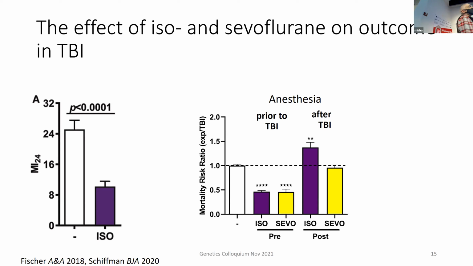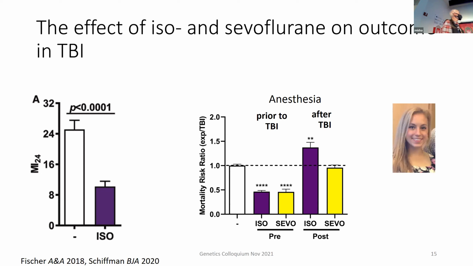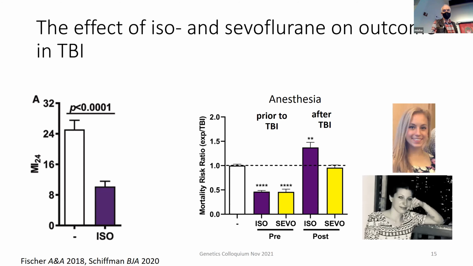So you see a toxic effect of isoflurane exposure, while sevoflurane has no effect. So this is kind of the meat of the experiment. And these experiments were done by Julie Fisher. She's a genetics graduate here at UW. And later on, more experiments were developed and done by Hannah Schiffman.